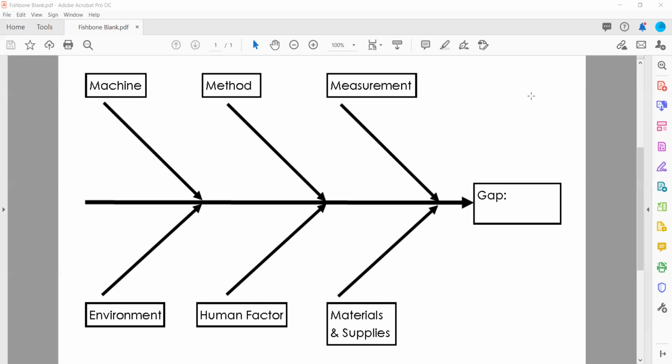There's a couple of reasons why I recommend doing the silent piece first. It helps you avoid groupthink, and it also allows everyone to have a voice. That's very important, I believe, in team settings, to make sure that you get everybody's ideas on the table.